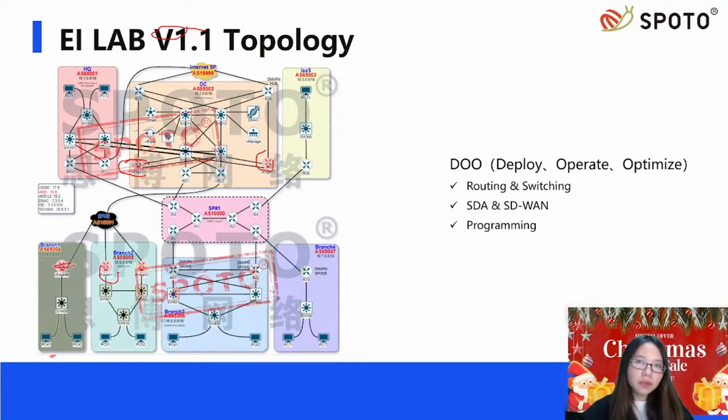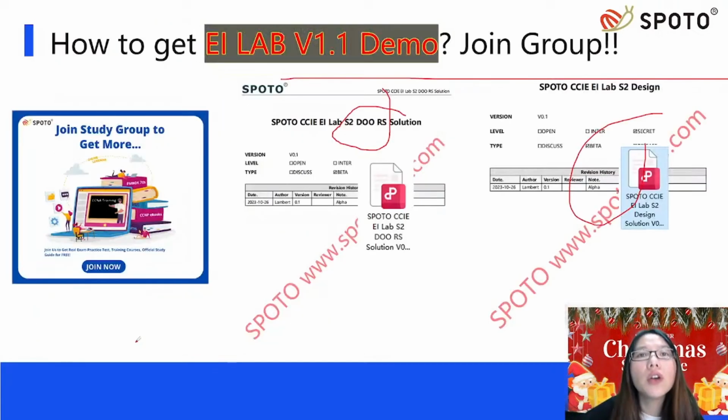So the topology is basically the same as the old topology. Also you can see this is our CCIE EI lab latest demo. Anyone who wants this real demo can join the comment room to get the latest demo. It's for group members only. If you want to know more, you can contact our admin.